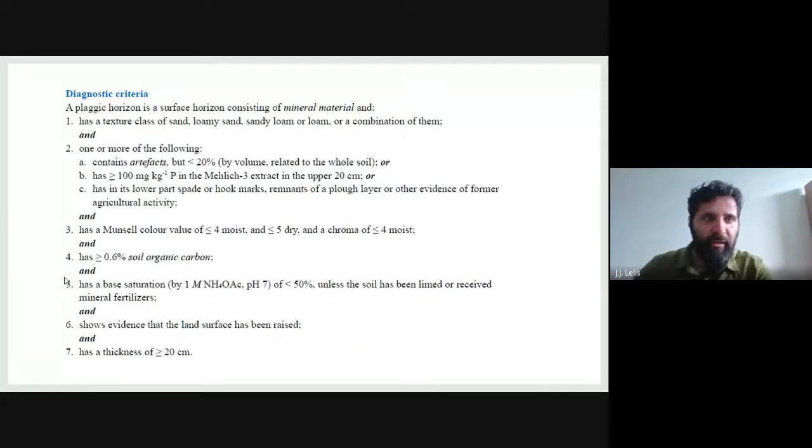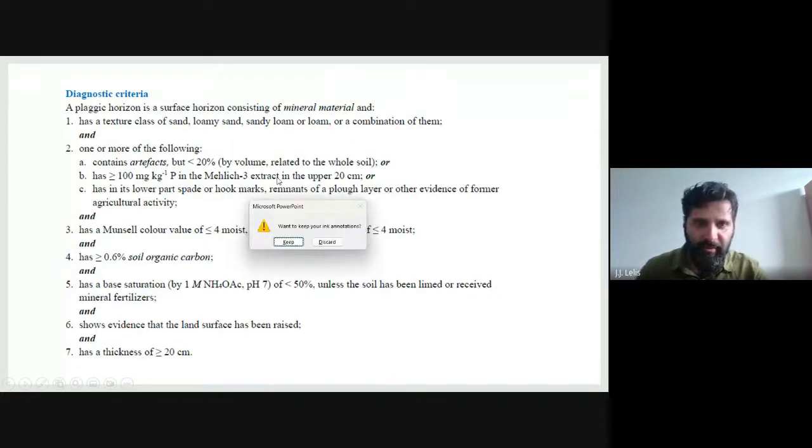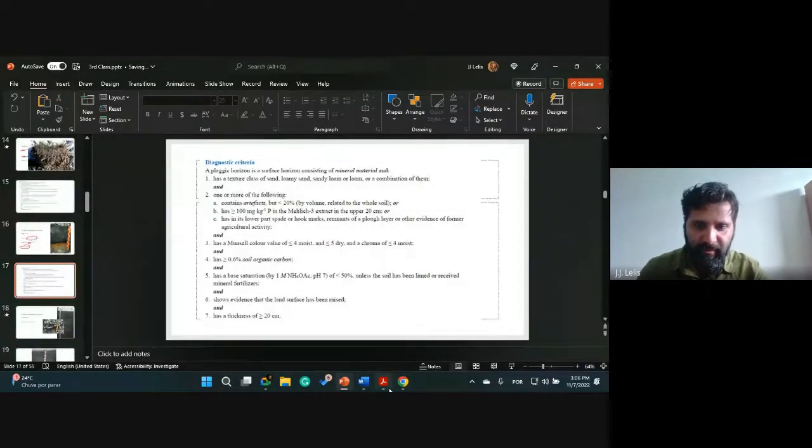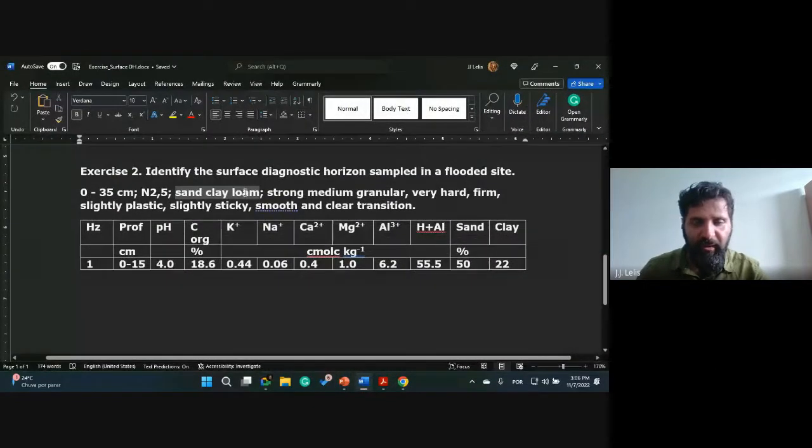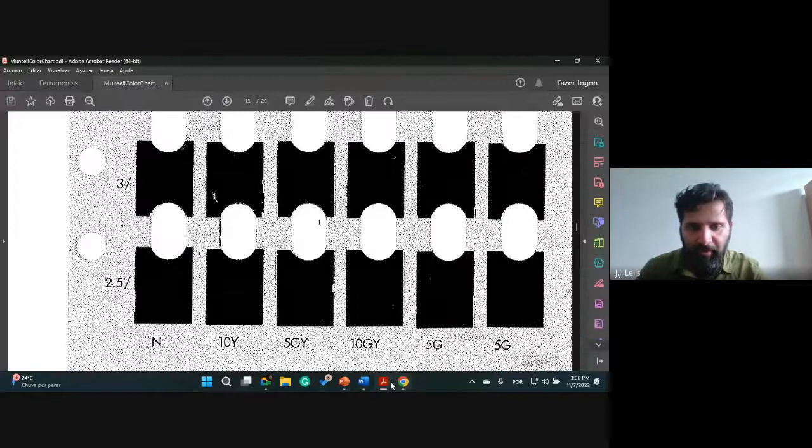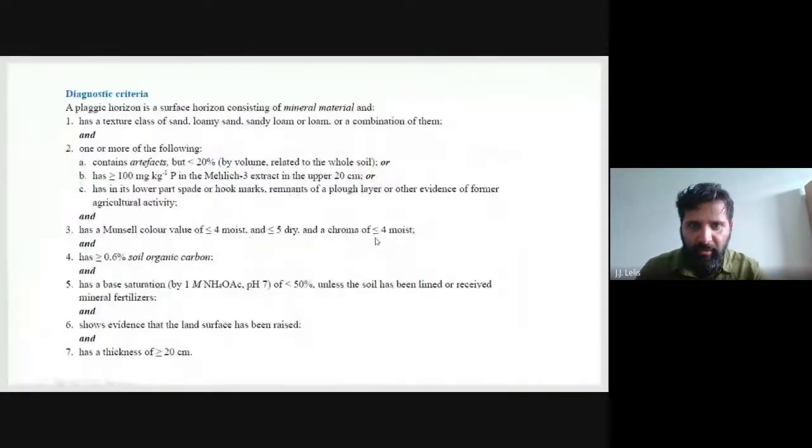In this case, we should present a texture that's sand, loamy sand, or loam, or a combination. In this case, we present a texture that is sandy clay loam. So if we look at the texture, we didn't follow this. And we don't follow other criteria.